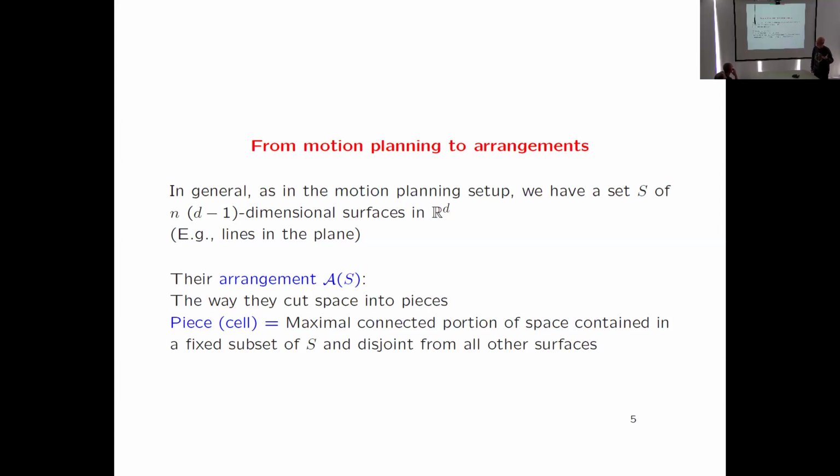Think of lines in the plane as the simplest possible example, and we are interested in something called the arrangement. It's the decomposition of space into connected pieces that you get when you lay down all your objects on top of one another. They cut the space into pieces, and each piece is formally defined as a maximal connected component that is contained in some fixed subset of the objects and is disjoint from everything else.